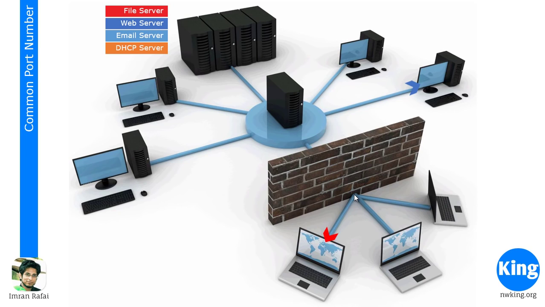So there are standard port numbers in every transmission. If you look at the frame, there is a place where it mentions the destination port number. It also gives a source port number. The source port number is required for it to send back. Like in this case, there is a blue traffic, which is web traffic.